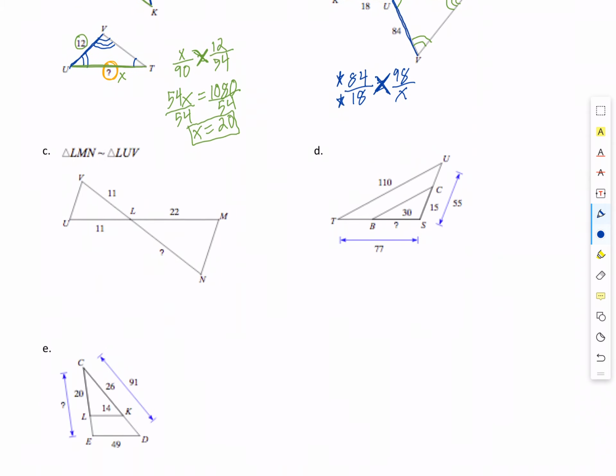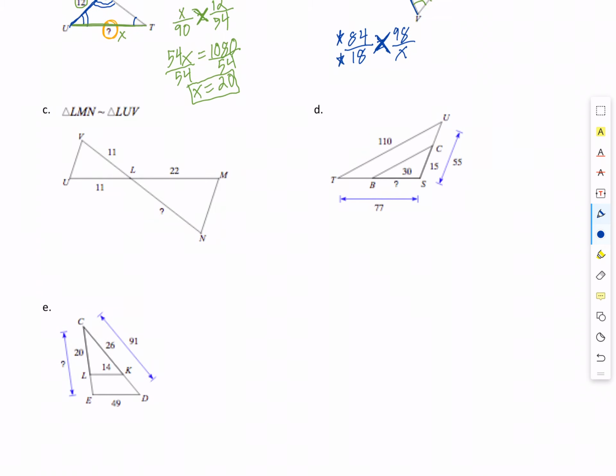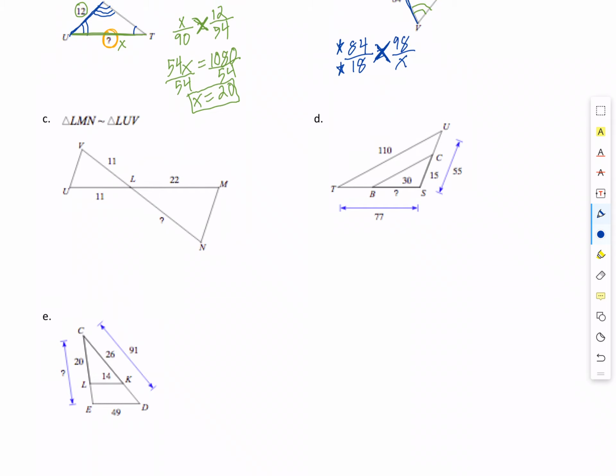Other things you're going to see with this are, for example, D. We've got a triangle within a triangle. So when we see something like this, that means that these triangles are going to be similar. Why? Because if we look at this angle right here, that's going to be in both triangles BSC, but also in TSU.